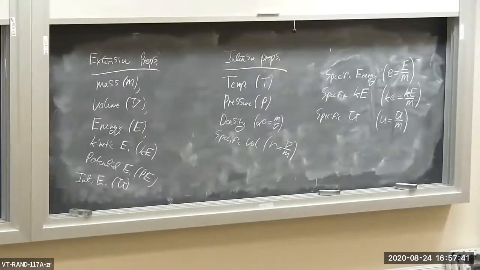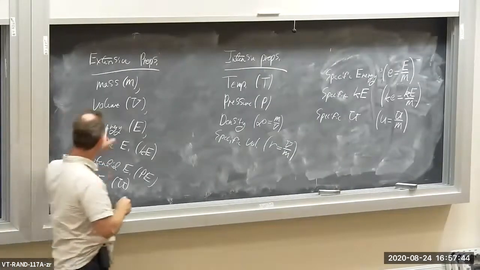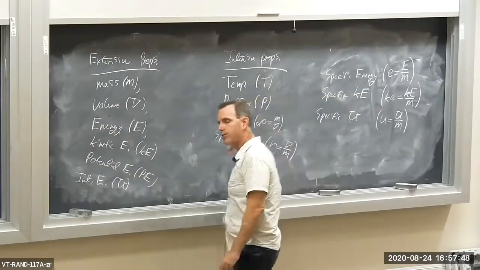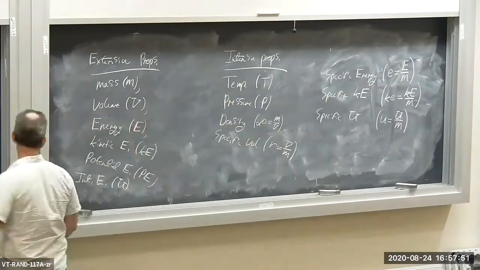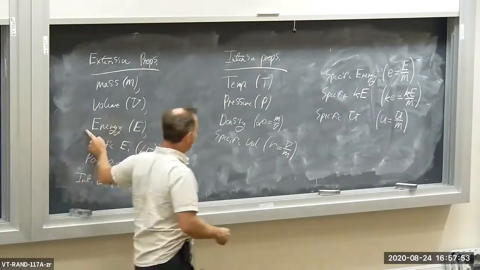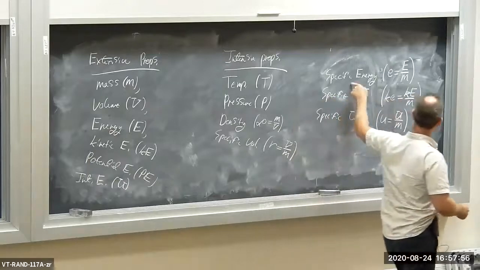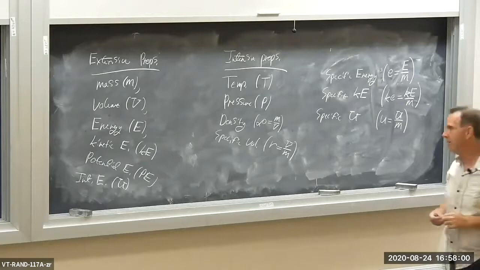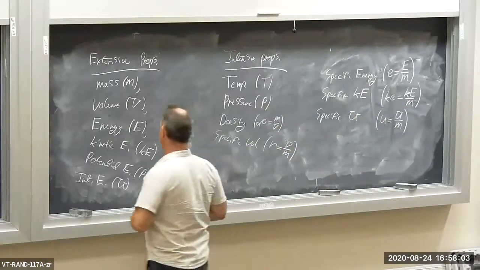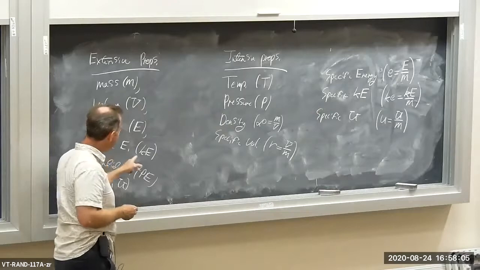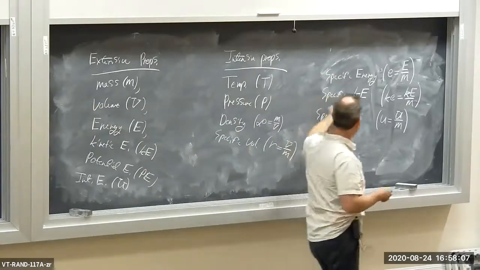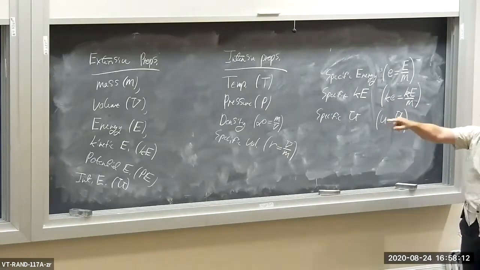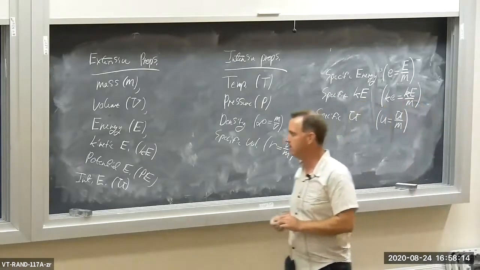Examples? Here they are. Volume divided by mass gives you lowercase v, specific volume. Total energy, E, divided by mass, gives you specific total energy, lowercase e. Specific kinetic energy and internal energy are all lowercase versions of the extensive symbol.